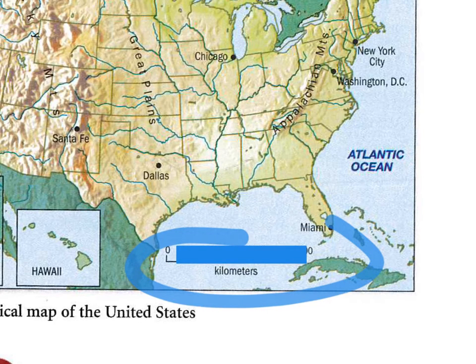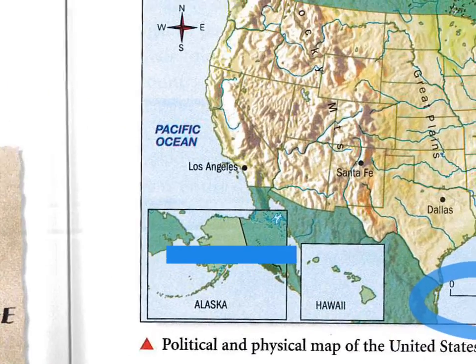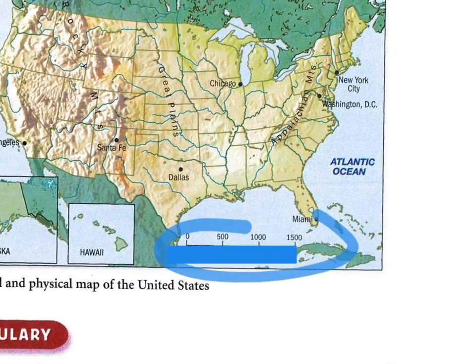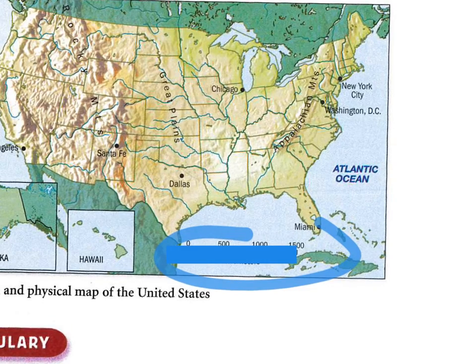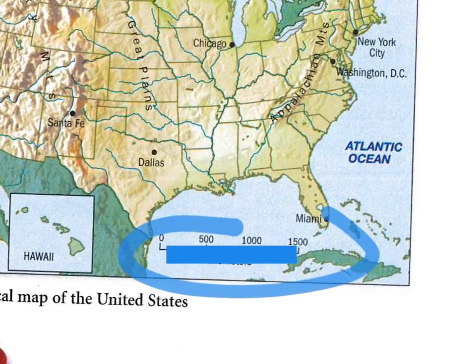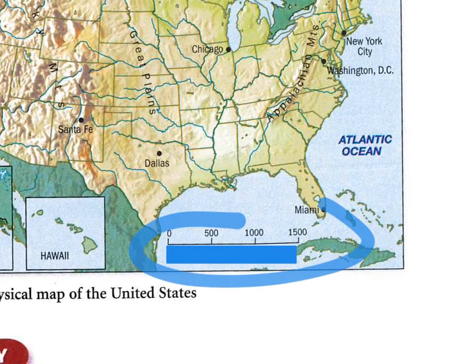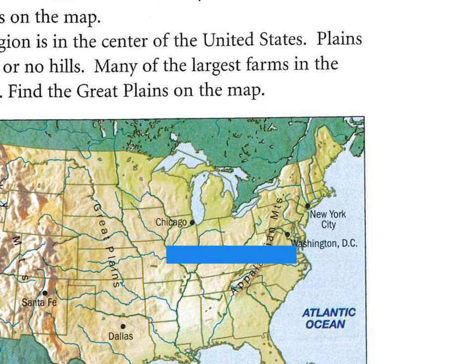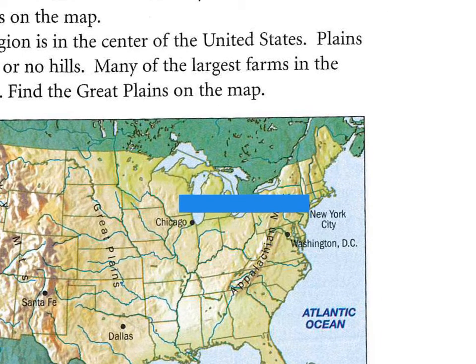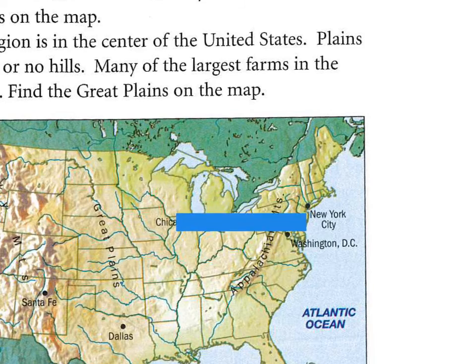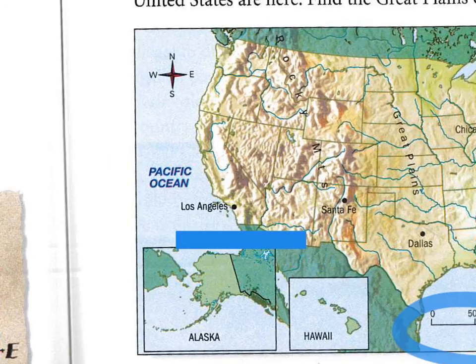Actually, my thing needs to be bigger. Okay. Now, if I look at New York to Chicago, it's definitely too big. A little bit less than 1,500 kilometers, 1,300 kilometers.